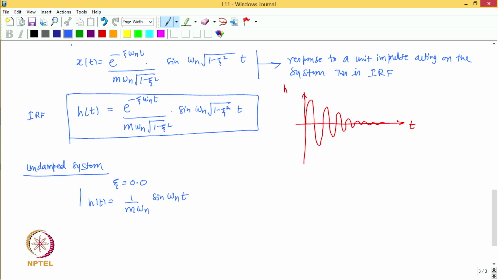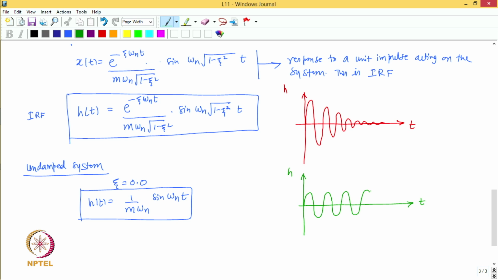That will be the impulse response function for an undamped system. So, for an undamped system, the amplitude of the response does not decay and stays constant. Something like this.